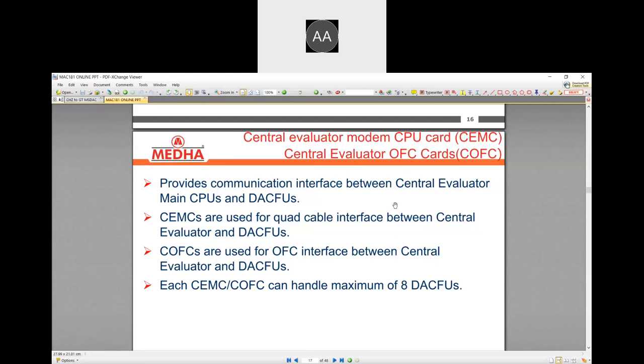A single CEMC or COFC card can take care of 8 DSFE units. So as the number of DSFE units is 40, maximum we can go up to 5 CEMC, that is quad cable, or 5 COFC cards as per the requirement of the site.